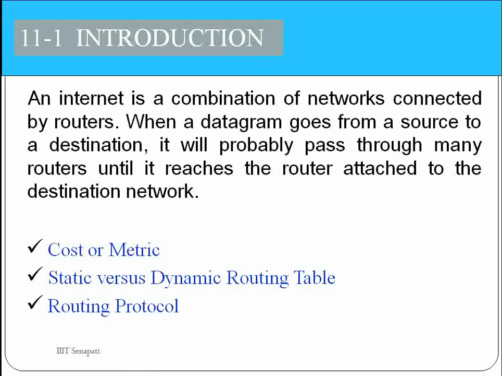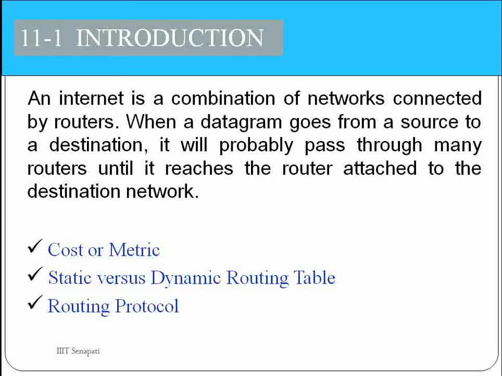Now this table can be static or dynamic. Static means the entries will be made manually, right? And in a dynamic table, it will adapt automatically whenever there are some changes in the network. Maybe some link was down, so whenever something happens they need to update for a better path, right?